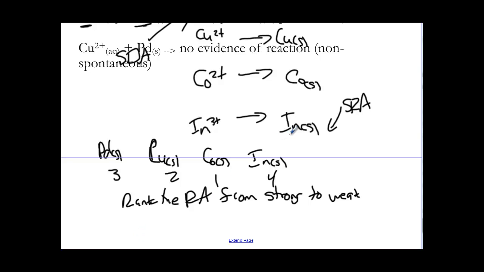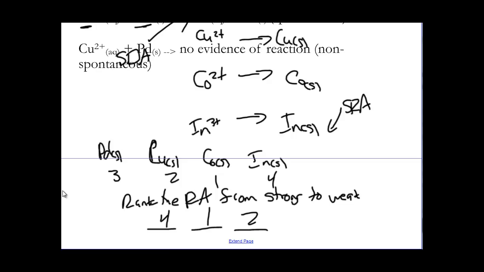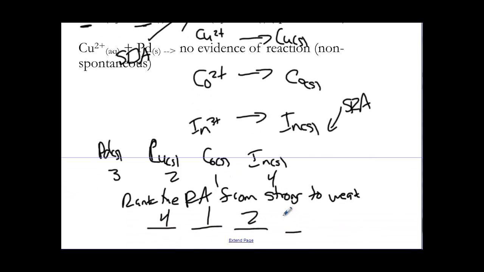So then you'd say, well, your strongest reducing agent was this guy, so that means the first blank would be 4. And then the next strongest reducing agent would be cobalt, so that would be your 1. And then your next strongest would be your copper solid, which would be 2. And then your least strong reducing agent would be the Pd, which I made 3. I just randomly chose numbers for these, by the way.